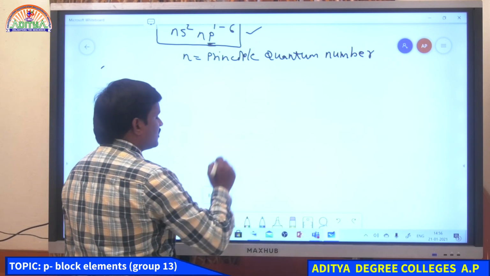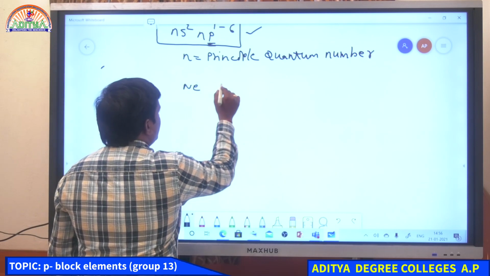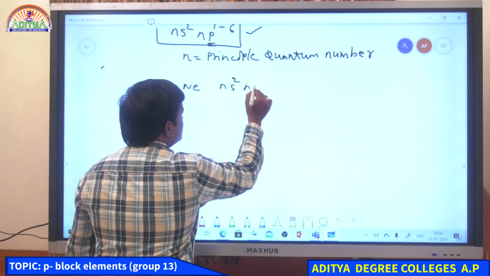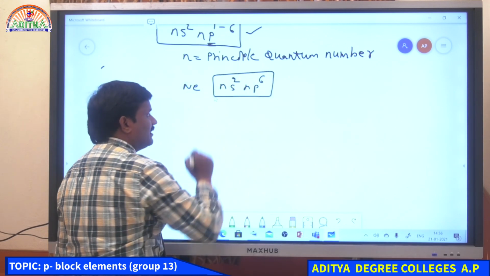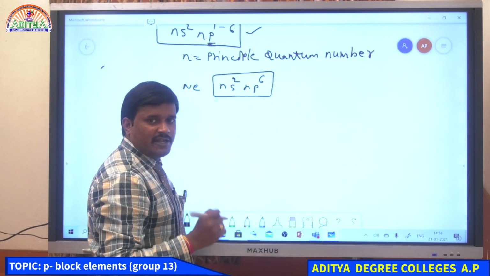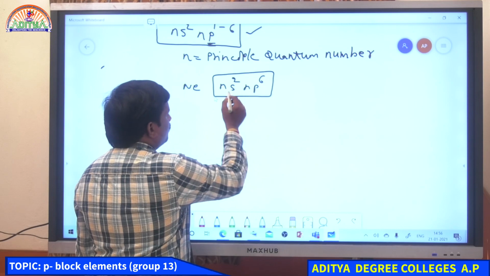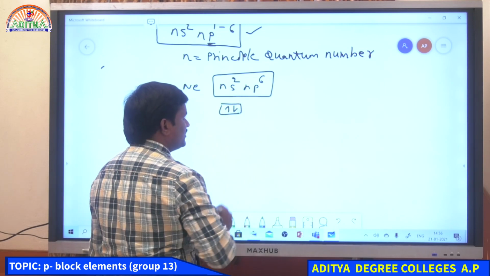So comparing all elements, neon is having ns2 np6 configuration. Therefore all the orbitals are completely filled, whereas in the case of remaining elements at least there is one empty orbital, but here both s orbital as well as p orbital are completely filled with electrons.